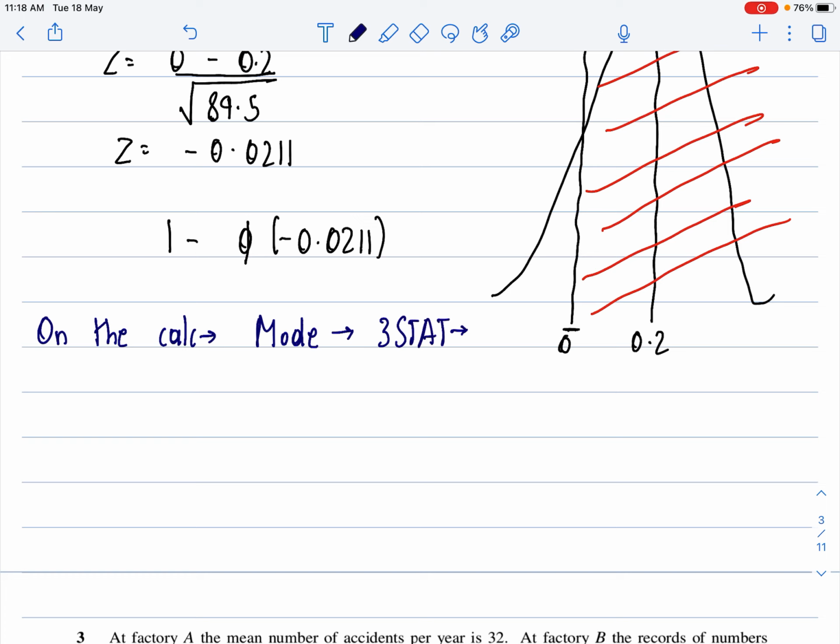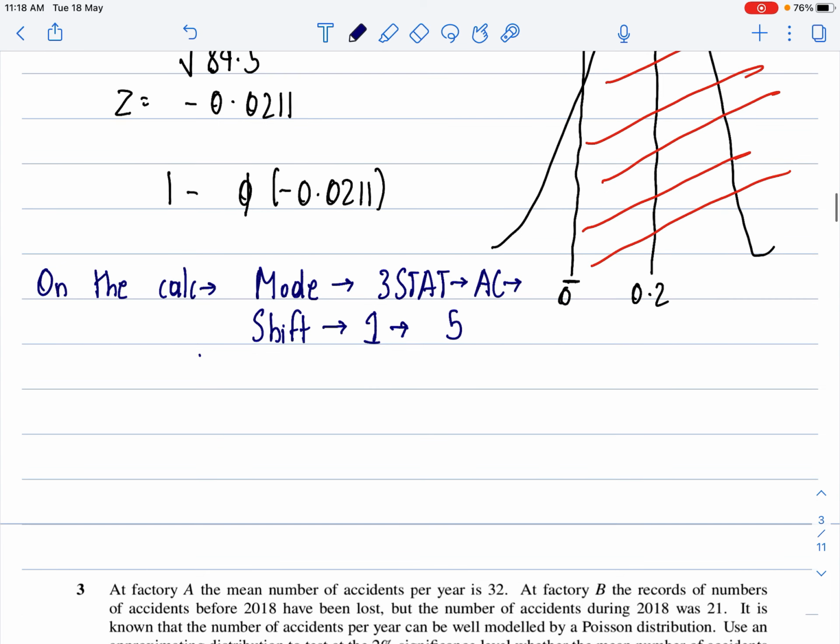Just do this much first, then click on AC. Once you click on AC, click on shift, okay. When you click on shift, click on 1. Now when you click on 1, click on 5 where distribution is written.